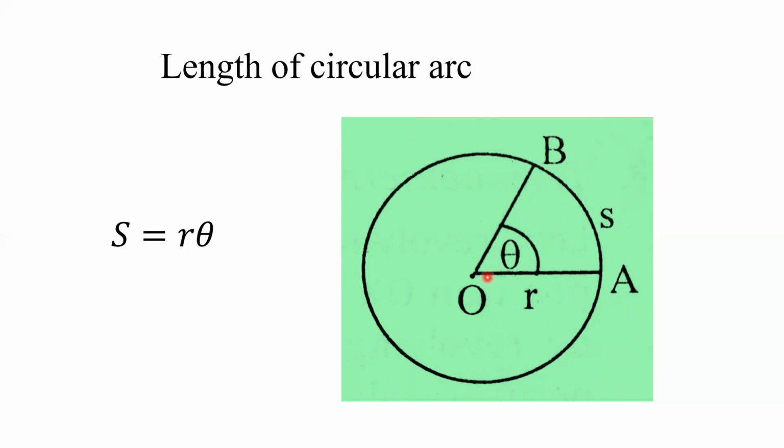Total angle produced at the center of the circle is 2 pi, and the arc produces angle theta at the center. We know any interior angle at the center of a circle produced by any arc is proportional to the arc. Therefore, s by theta equal to 2 pi r by 2 pi. From there, we get the formula s equal to r theta.